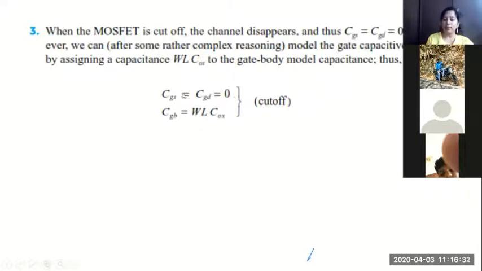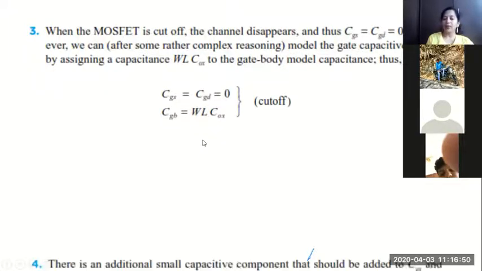These are the important capacitances for us. But gate to body, one small capacitance, all these values are very, very small. They will be in the range of femto and picofarads, as you will see in the example. Okay. So this would be the value WL into Cox.